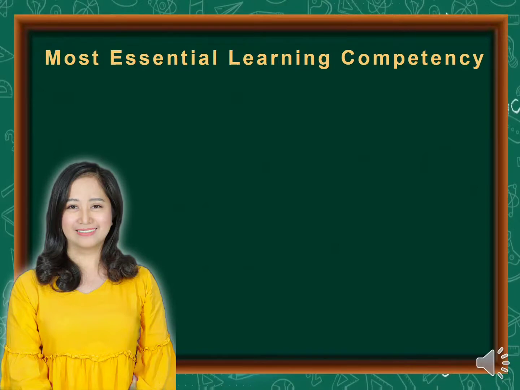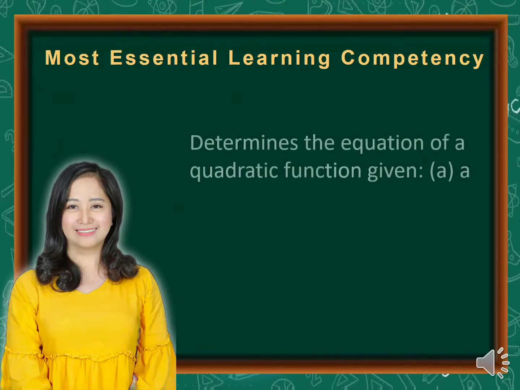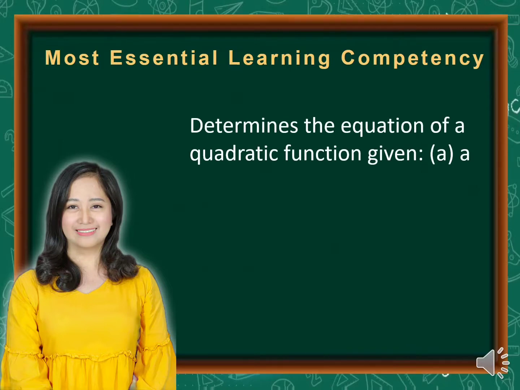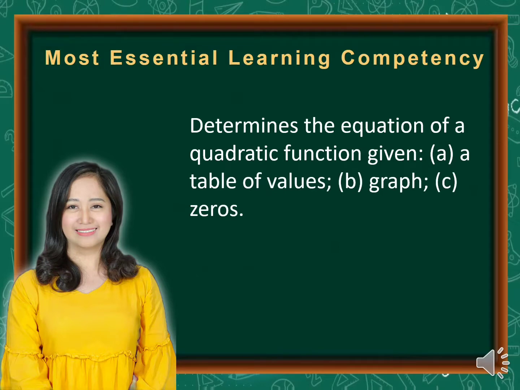For this week, our most essential learning competencies are: first, determines the equation of a quadratic function given A, the table of values, B, the graph, and C, zeros. So, meaning to say, if before, ang hinanap natin or ang given natin is the quadratic function or the equation of the quadratic function, this time, we will look for that equation.